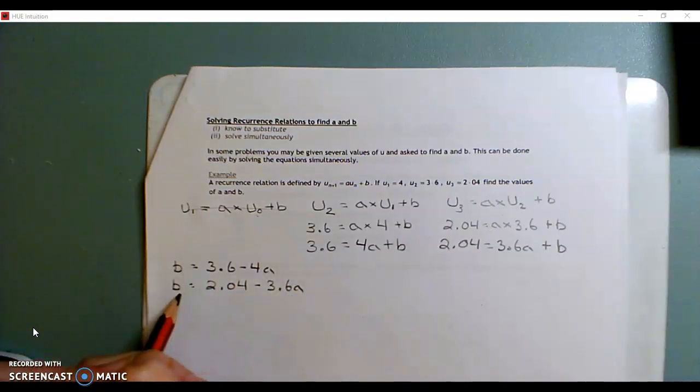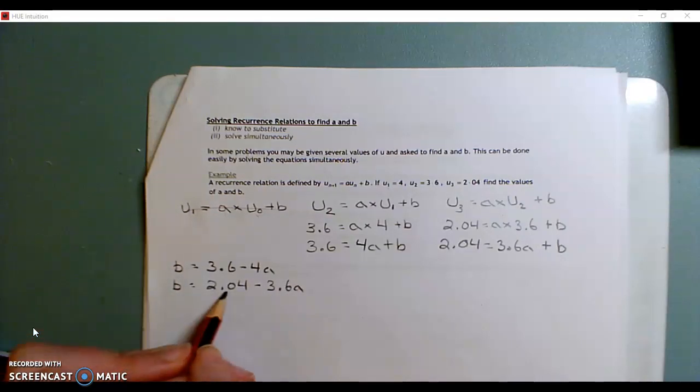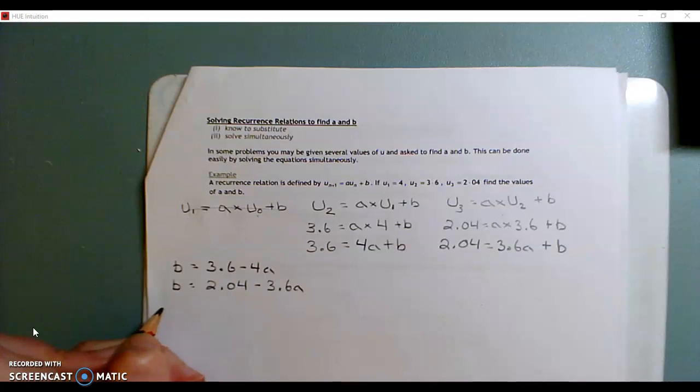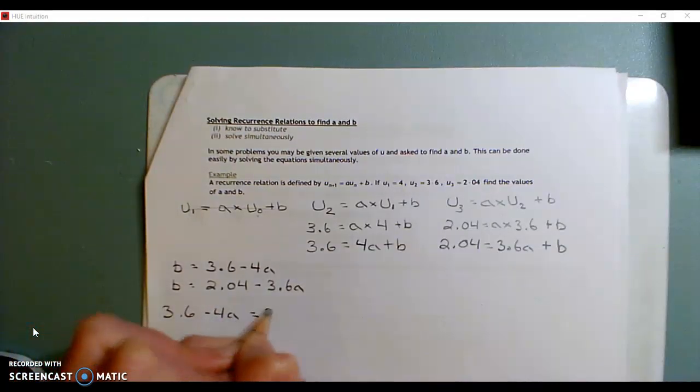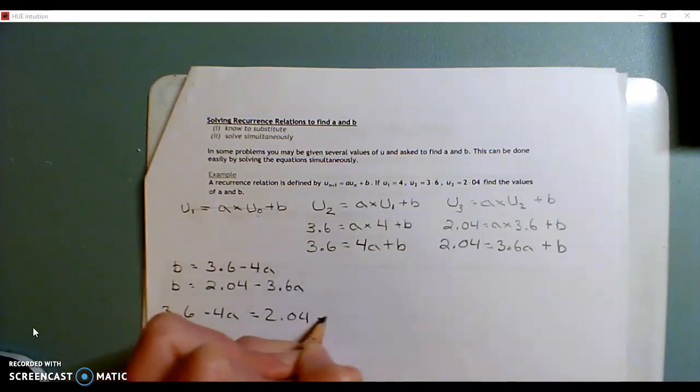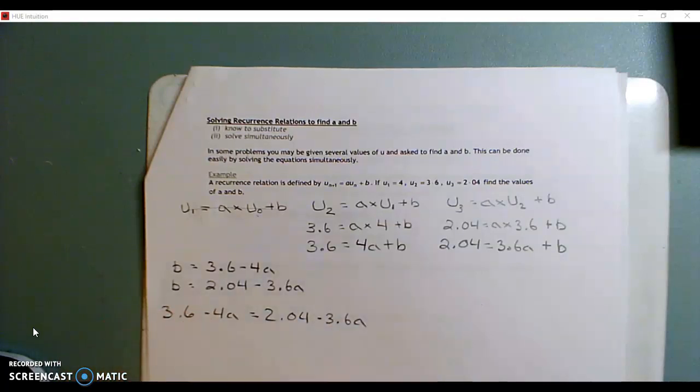Now I can make them equal to each other. So I will say 3.6 - 4A = 2.04 - 3.6A, and I'll solve.